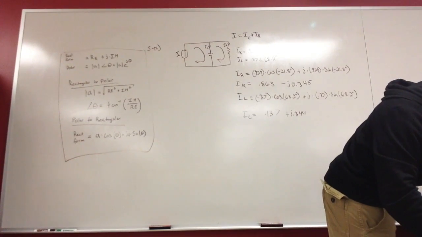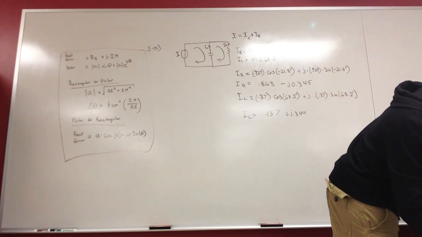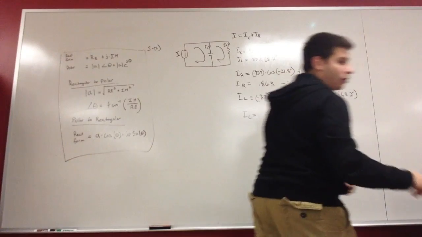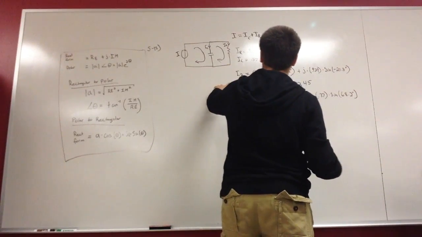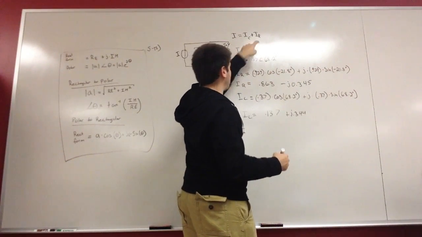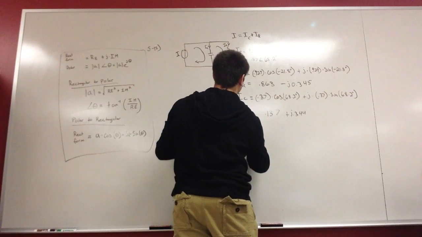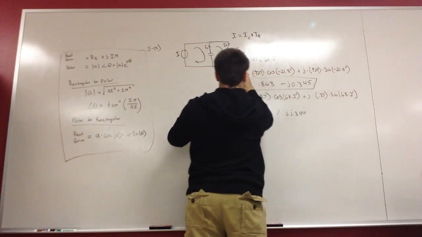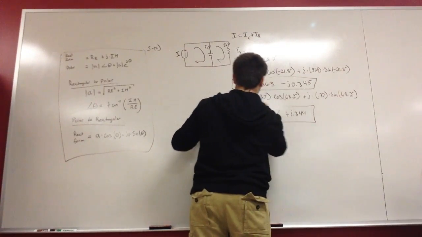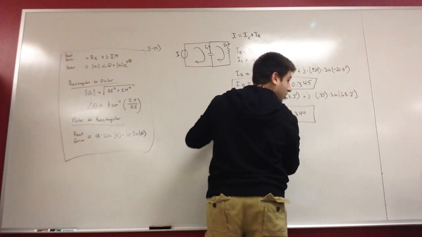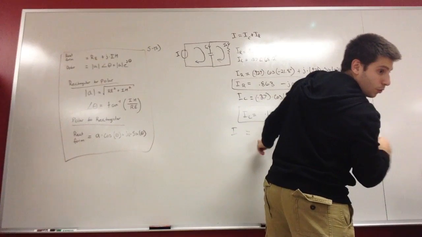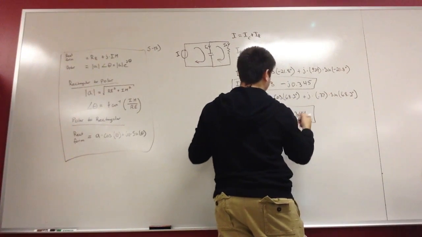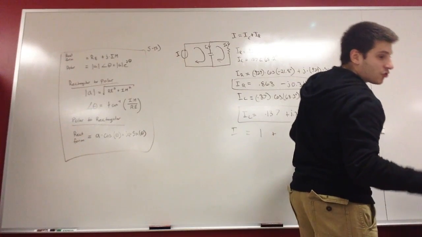So the next step asks for the total current. I sub C plus I sub R is just equal to the real component of I sub R plus the real component of I sub C, which equals 1 plus, they just rounded it.